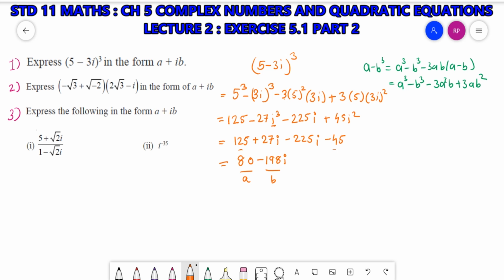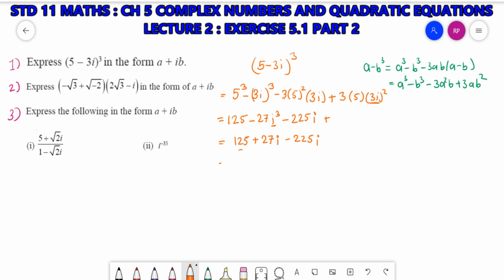Okay, sorry, there is a mistake here. It's 3 square, that is 9. 9 into 3, 27, into 5, sorry, not 27 into 25 but 27 into 5.